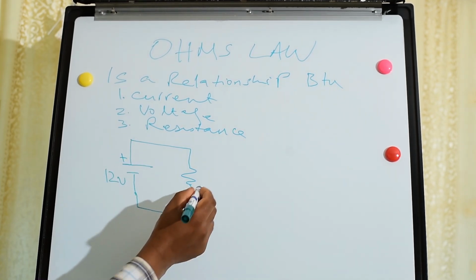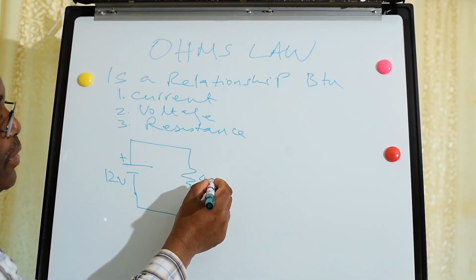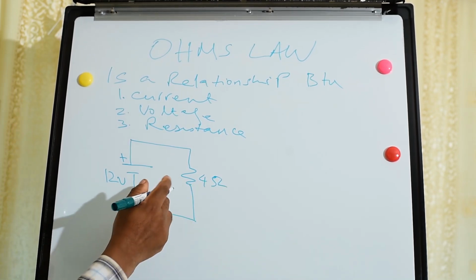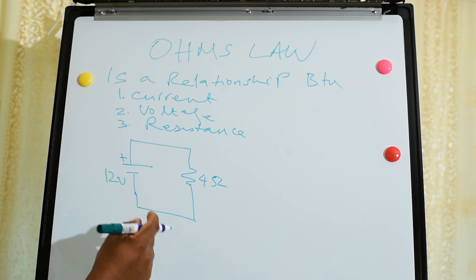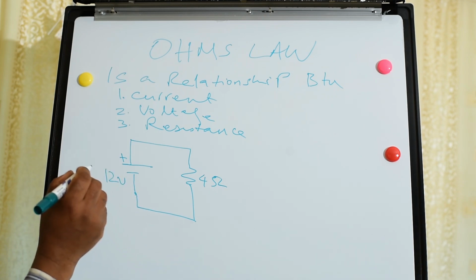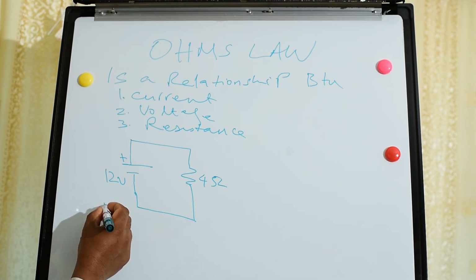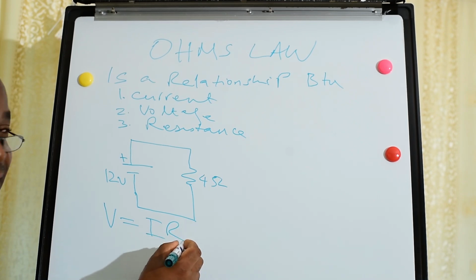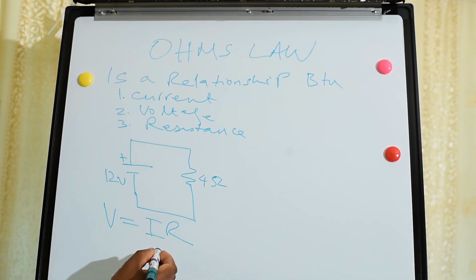This is positive. This is a 4 ohms resistance. The unit of the resistance is ohms. In algebra terms, Ohm's law is the relationship of voltage equal to current times resistance in mathematical form.